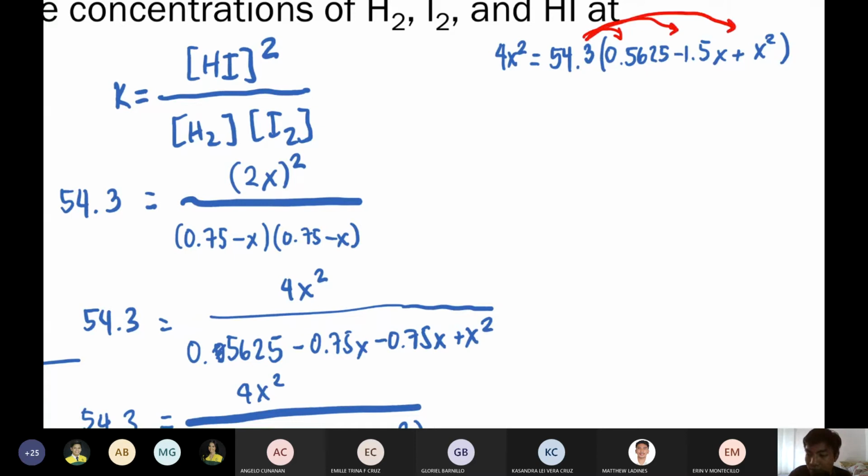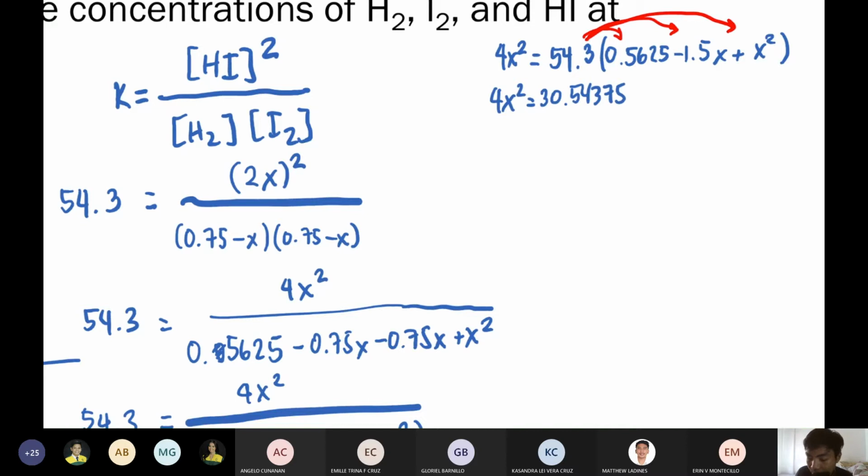Okay, so yan, you distribute the term. 54.3, multiply ko yan, 54.3 times 0.5625. Daming numbers. 30.54375.